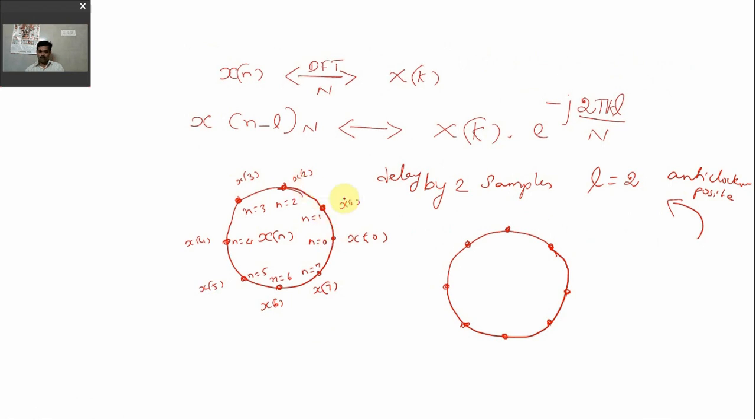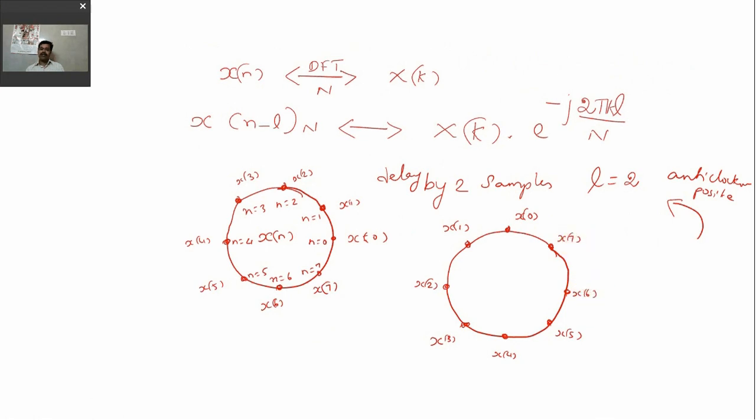So 1, 2. Here you will get x of 0, here x of 1, here x of 2, here x of 3, here x of 4, x of 5, x of 6, x of 7.